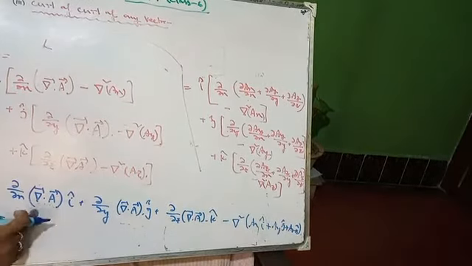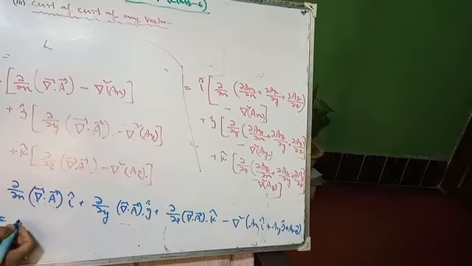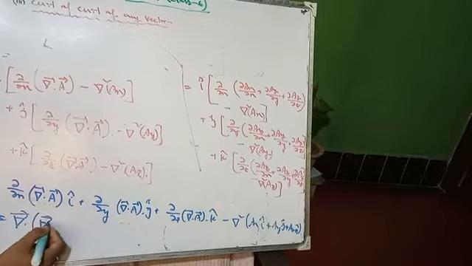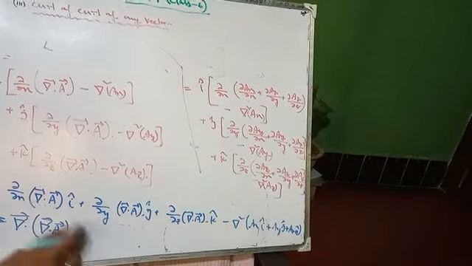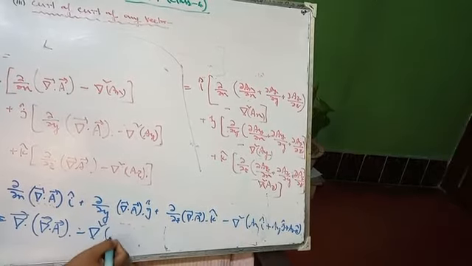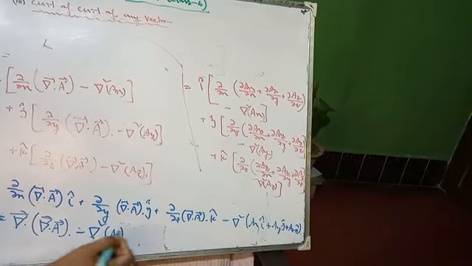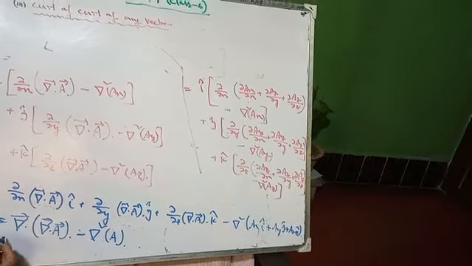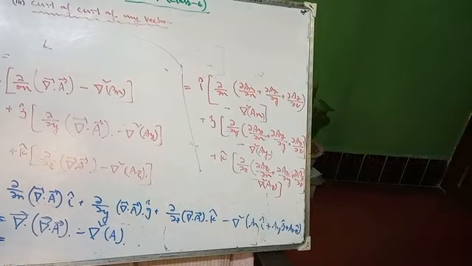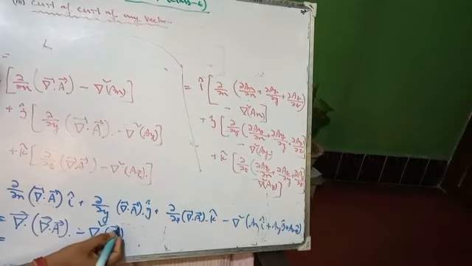So if we take this divergence of A common, then it will be the gradient of the divergence of A. This is called the gradient of the divergence of A, minus the Laplacian of A. See, the Laplacian of a scalar is called that, or the Laplacian of a vector also you can write.